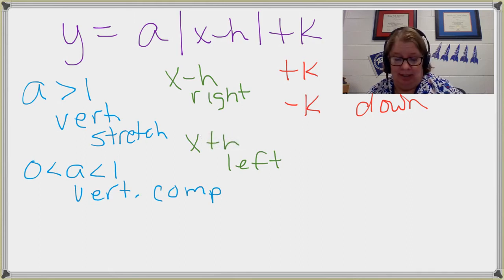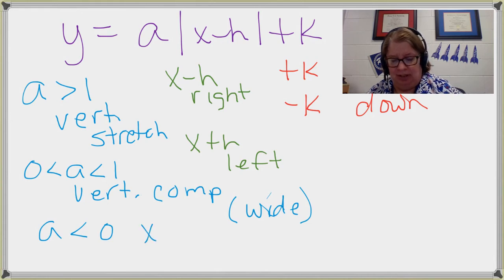That stretch is going to make it narrow or skinny, this compression is going to make it wide. If you have a less than 0, that's going to be an x-axis reflection. That's your negative, that flips it over.